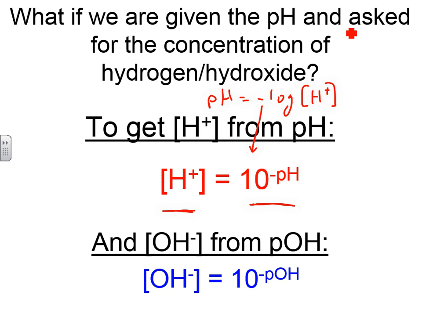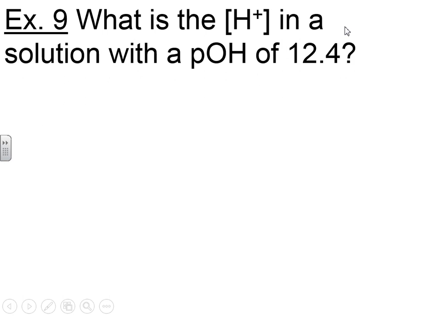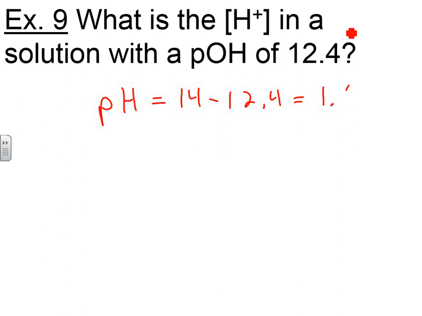So pretty simple. And you can be asked about this. So what's the H plus in a solution with a pOH of 12.4? So what we could do first, we can get the pH. We know pH again is 14 minus 12.4, which gets us 1.6. And then the H plus is simply 10 to the negative 1.6.